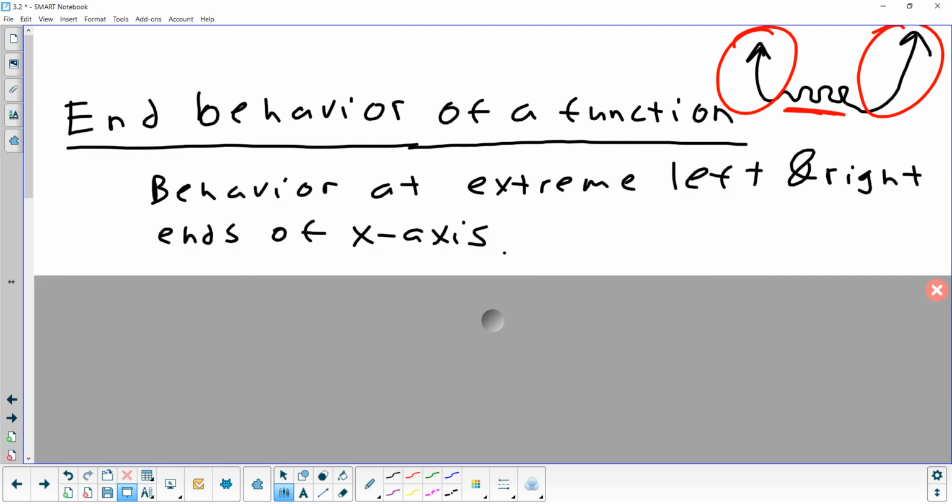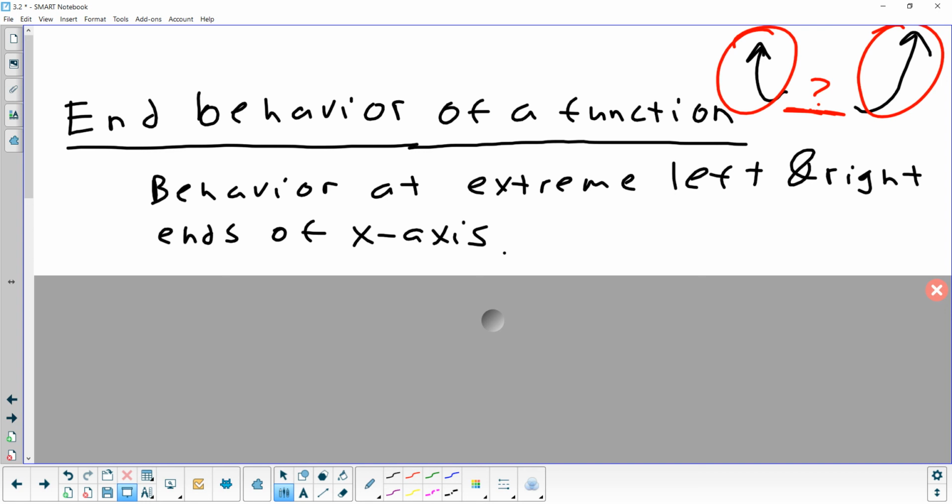So it's the behavior at the extreme left and right ends of your graph. Even if I were to erase all this in the middle and put a big question mark there and I don't know what's happening, I don't care what's happening. I can still tell you the end behavior is up on the left, up on the right.